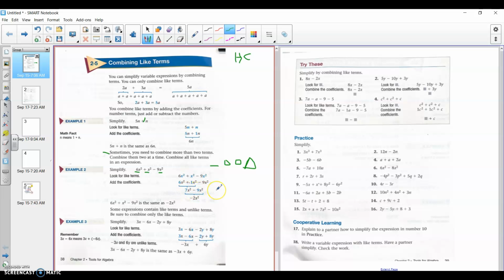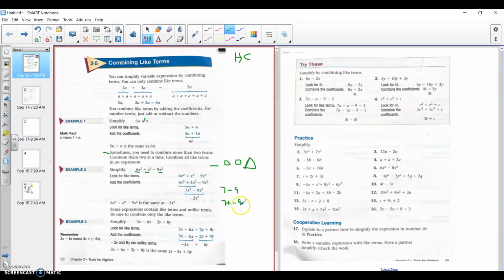Now, this is where with integers you might have to use your interactive notebook, but let's just pretend we're looking at the numbers. 7 minus 9, some of you may get a little bit confused and be like, oh, that's just 2. Well, remember, this is going to be 7. Keep, change, change. The subtraction goes to addition, and the 9 becomes the opposite, negative 9.